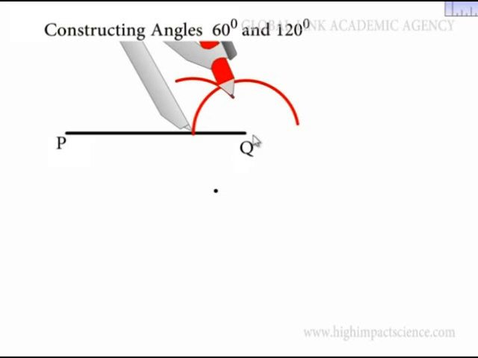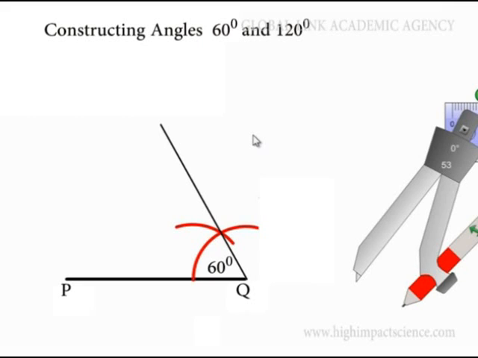And if I join point Q to the point of intersection, this angle is 60 degrees. Now to construct an angle of 120, you can just construct another 60 degrees on the new line.